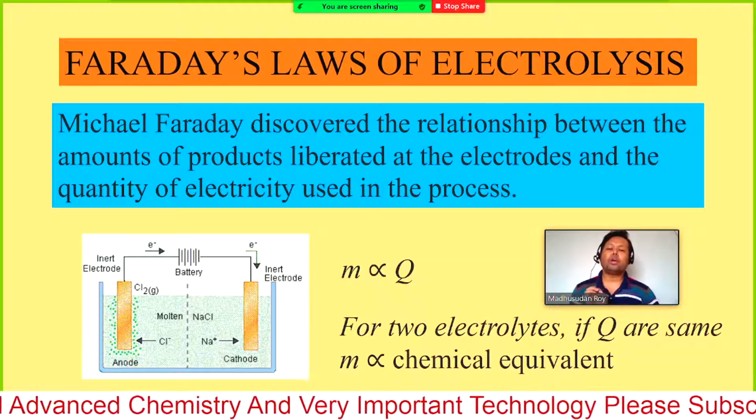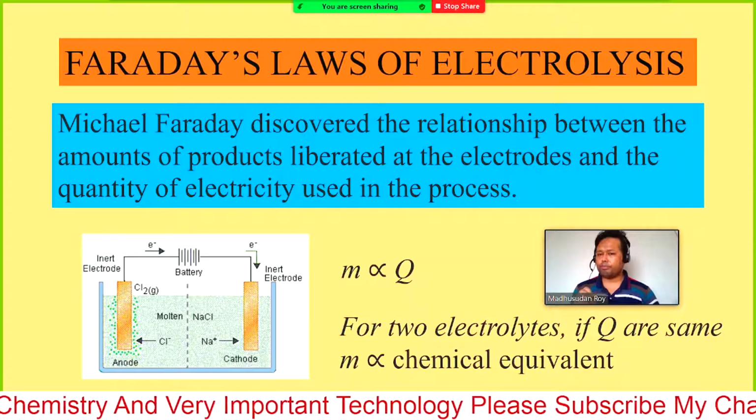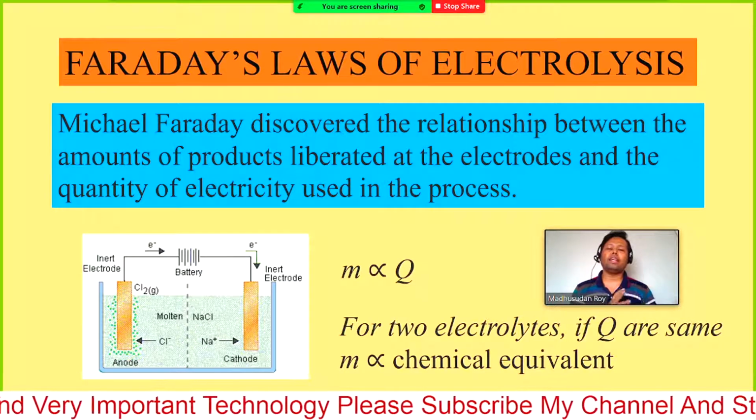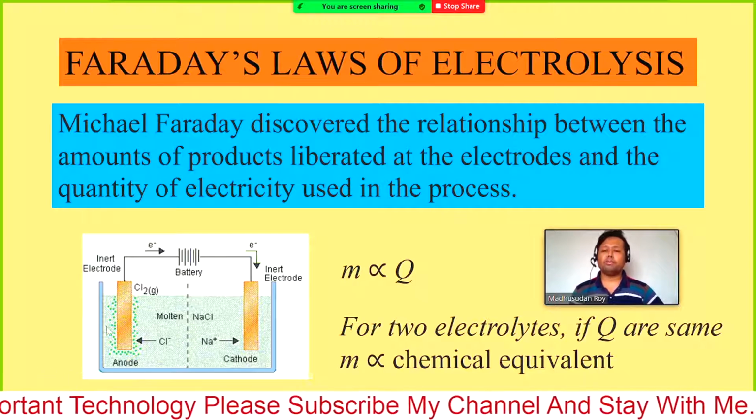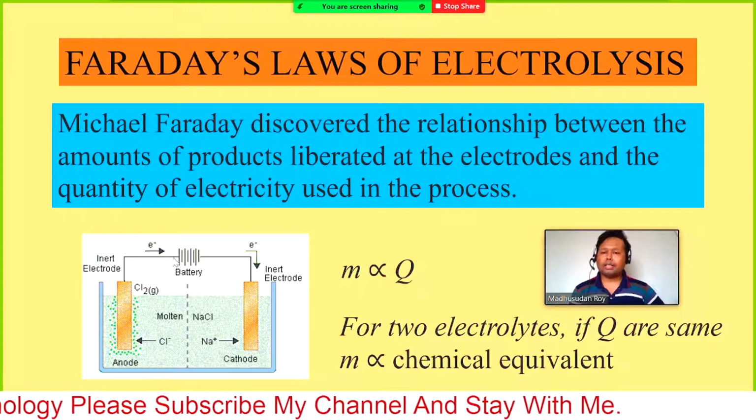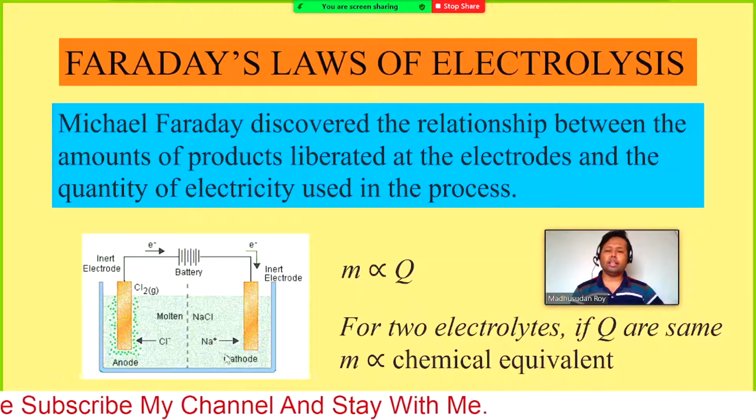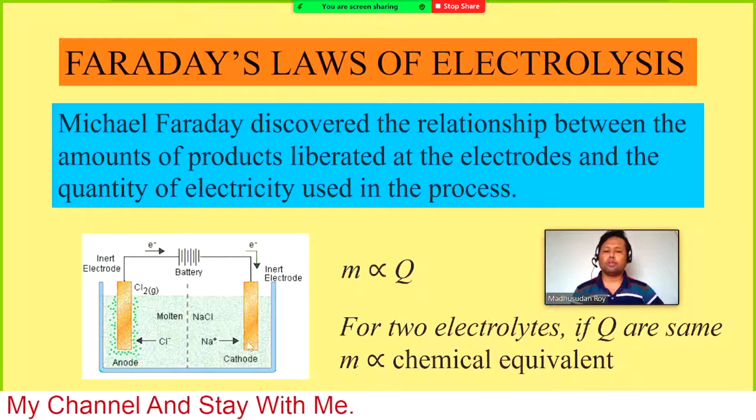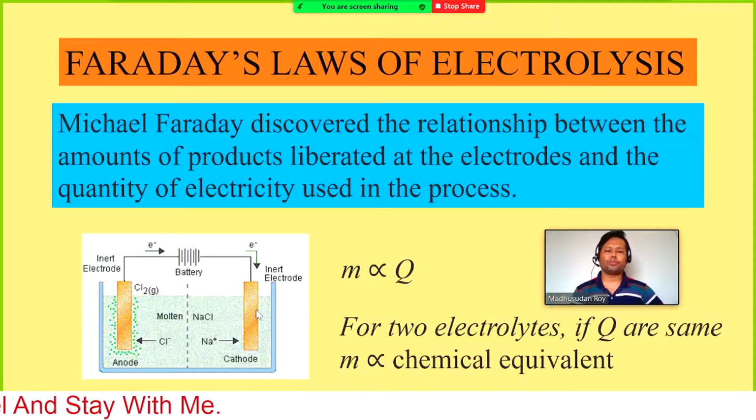Now what would be the mass of the deposited metal, or the gain in the electrode? If you supply some electricity through this, then some of the metal will deposit on this electrode. How much?